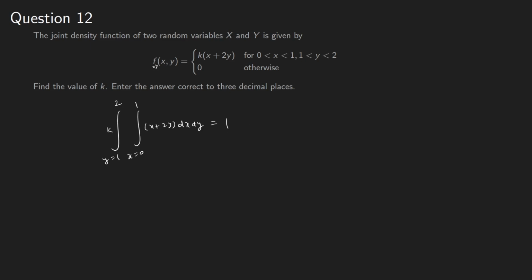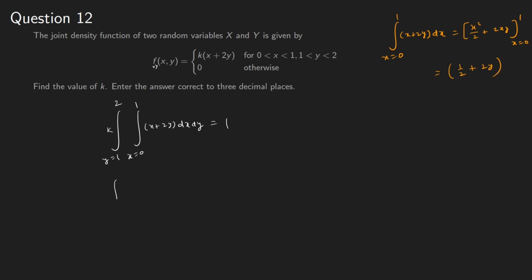So let's first do this inner integration separately, then we will do the outer integration. x goes from 0 to 1 of (x plus 2y) dx. It will be equal to x squared by 2 plus 2xy, with x going from 0 to 1, which will be equal to half plus 2y.